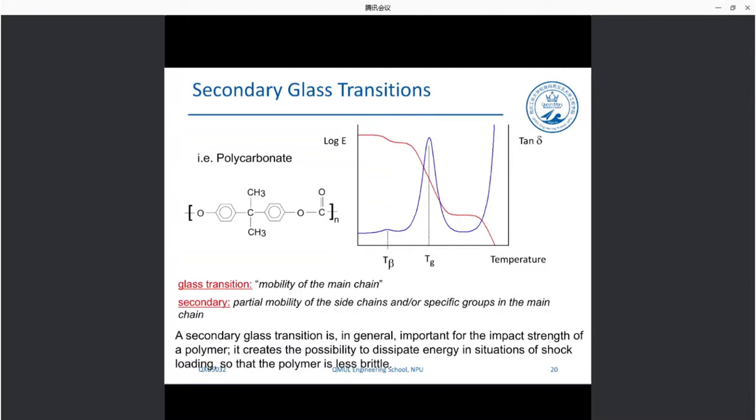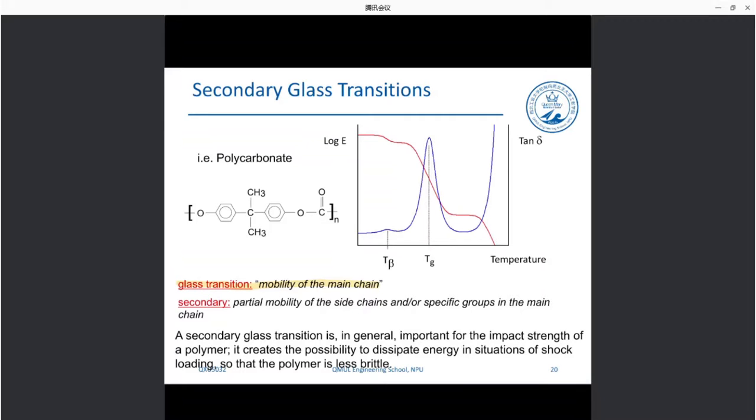So now, besides the main glass transition, we can also have a secondary glass transition, okay? And the secondary glass transition has to do with the mobility of the side chains or specific groups in the main chain, okay? The main glass transition, we already said, has to do with the mobility of the main chain.